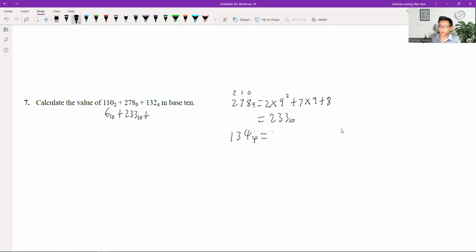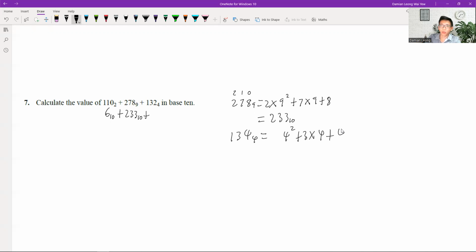Convert 1 times 4 to the power 2. You can write 1 times 4 to the power 2, or just write 4 to the power 2, it doesn't really matter because times 1 is the same thing. 3 times 4 to the power 1, which is just 3 times 4.